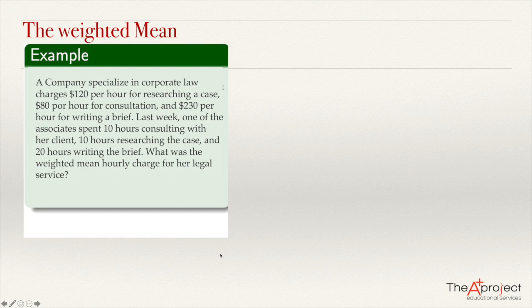We need to compute the mean of the charges. For example, the mean of these values, $120, $80, and $230. But it is reasonable to think that they should have different weights because, for example, what they charge for consultations, $80, has a special weight because they only spend 10 hours doing that.